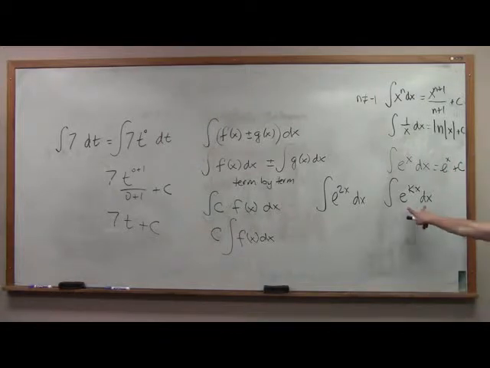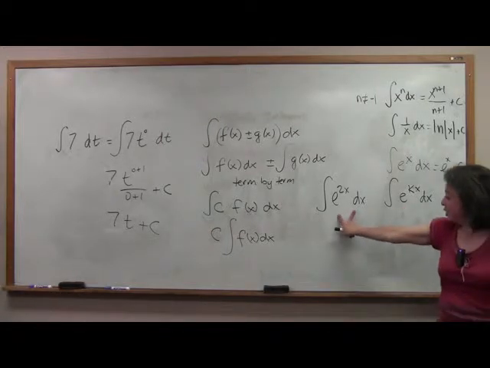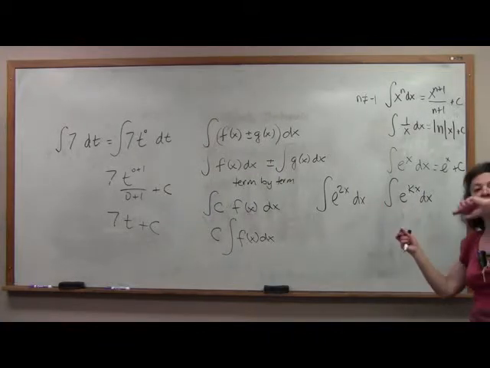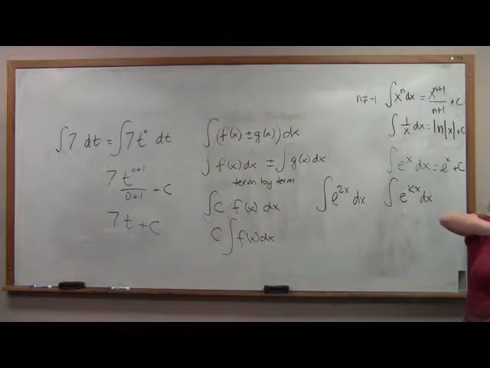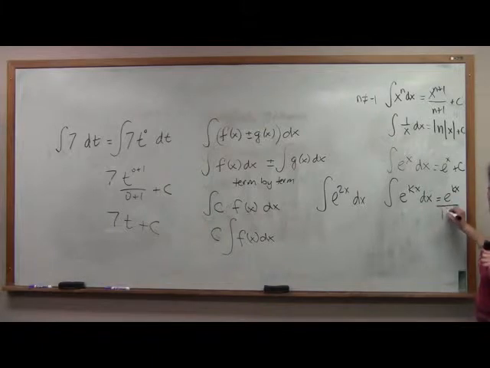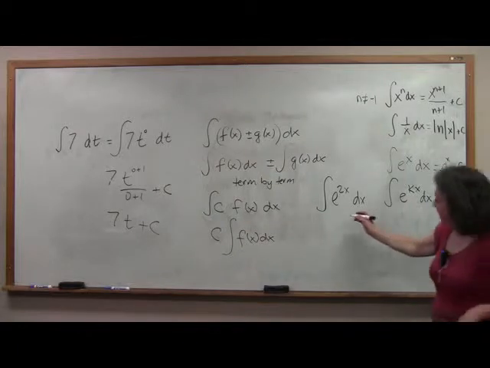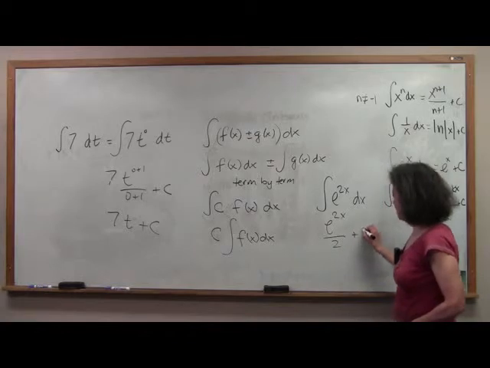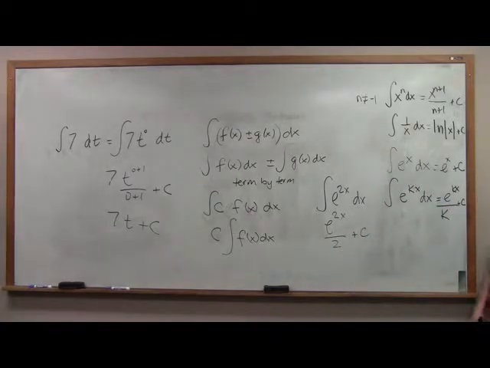Remember, when you take the derivative of something like this, you rewrite it as e raised to that power times the derivative of that power. So now what it's going to be is e raised to the power divided by the derivative of that power. So I claim in this case it's e to the 2x over 2 plus a constant.